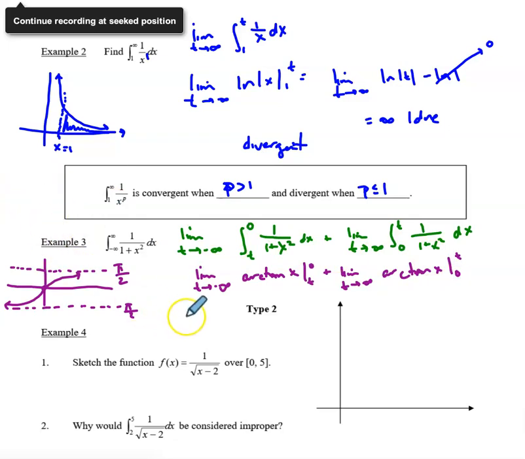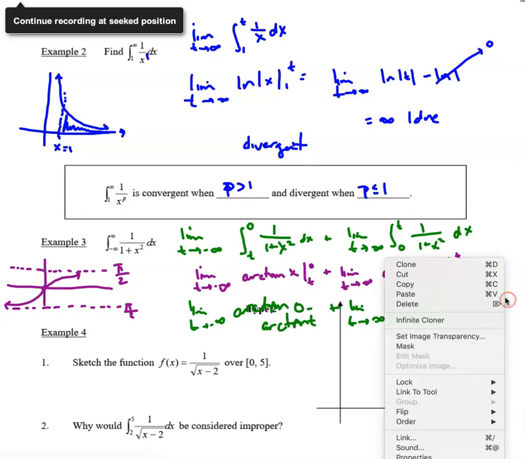If I plug in, evaluate at 0 and at t, I will get the following. The limit as t goes to negative infinity of the arctan of 0 minus the arctan of t, plus the limit as t goes to infinity of the arctan of t minus the arctan of 0.